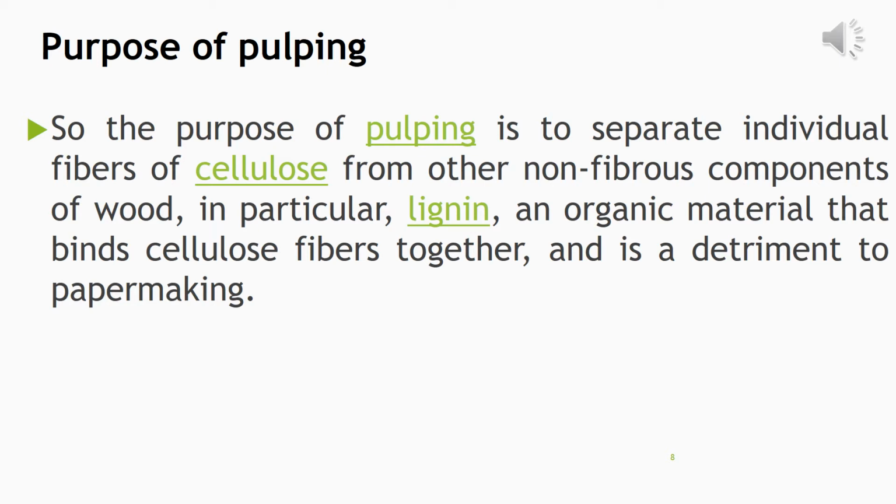The purpose of pulping is basically to separate individual fibers of cellulose from other non-fibrous components of wood, in particular lignin. What is lignin? We have studied it before, that wood pulp is a combination of cellulose and lignin.